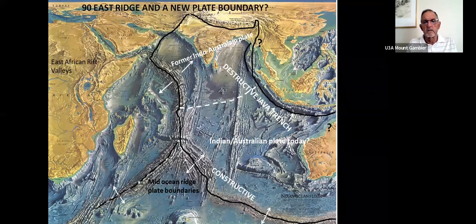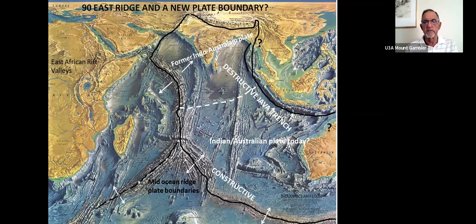So you have this subduction trench, Java Trench or Sumatra Trench, running around south of Indonesia, in which we're getting recycling of oceanic crust.